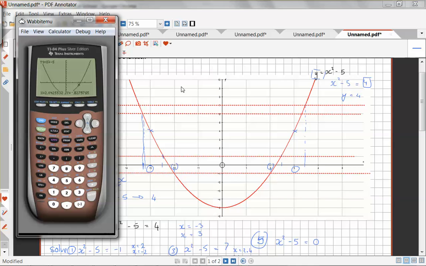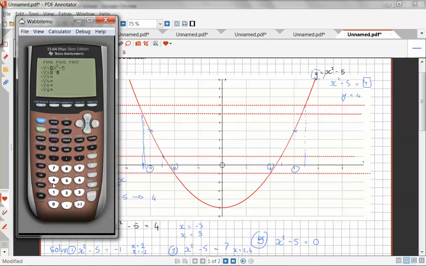So what we've got to do is the same thing that we do on the paper. We've got to draw a line across the graph. You remember I said up here, it's y equals whatever the number is. I'm going to go back to my line and put another y equals, and put minus 1 in this case, because we're looking for the minus 1.